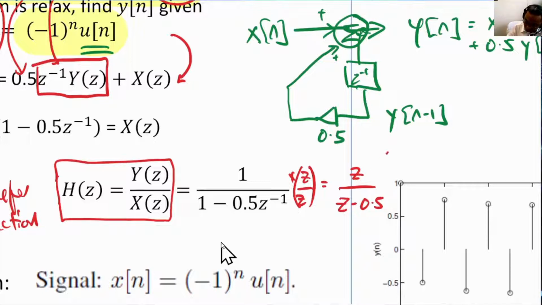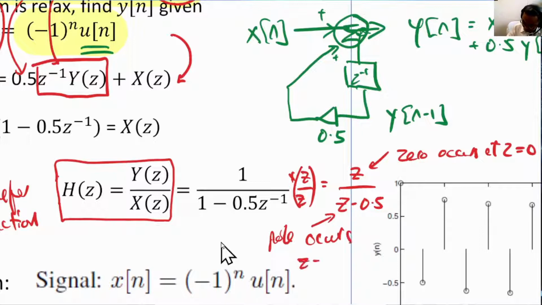So immediately we can see that a zero occurs at z equals 0 and a pole occurs at z equals plus 0.5. So when we are seeing the Z-Transform in positive powers of z, it is very obvious where are the poles and zeros. It's not so obvious in the negative powers of z.